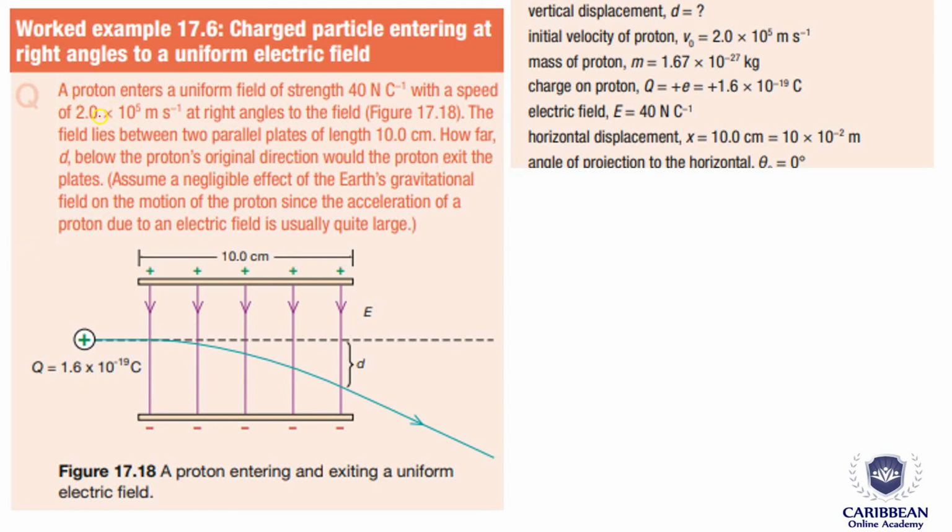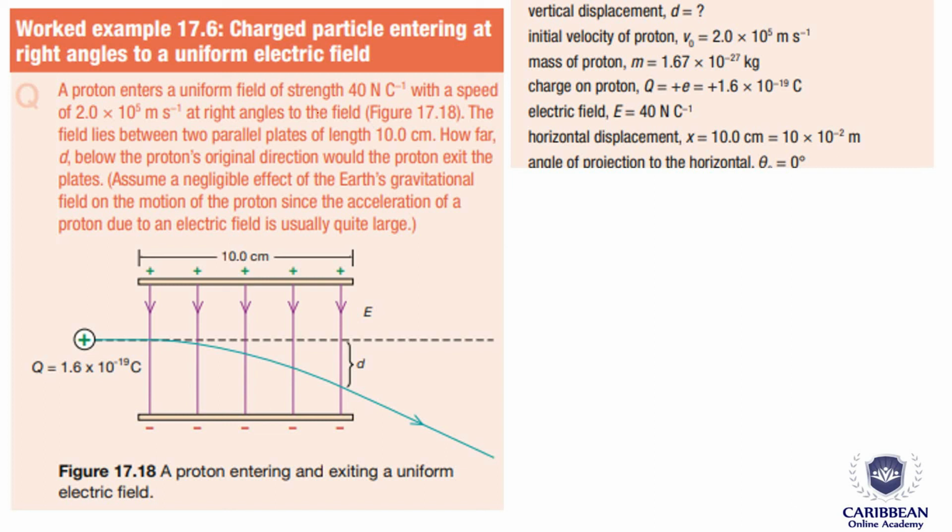It says a proton enters a uniform field with a magnitude of 40 newtons per coulomb with a speed of 2 times 10 to the 5 meters per second at right angle to the field. It tells us that the field lies between 2 parallel plates of length 10 centimeters.